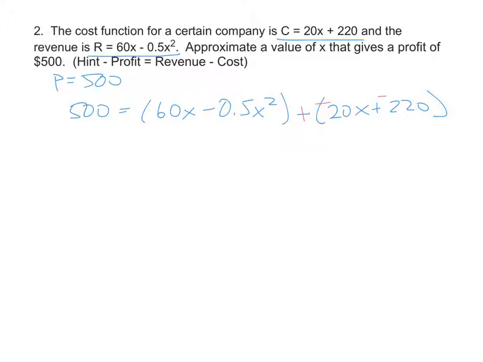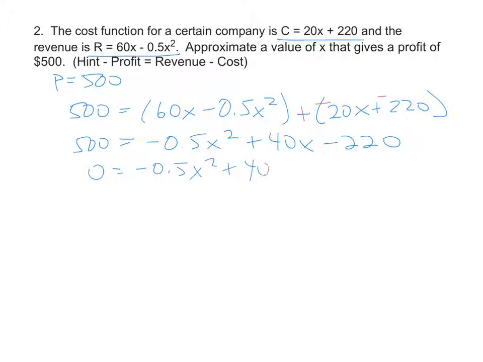And so when I simplify this down, I'm going to rewrite it so it's in kind of standard form, not set equal to 0 yet, I end up getting this. So I'm going to set it equal to 0, and I have 0 equals negative 0.5x squared plus 40x minus 720.